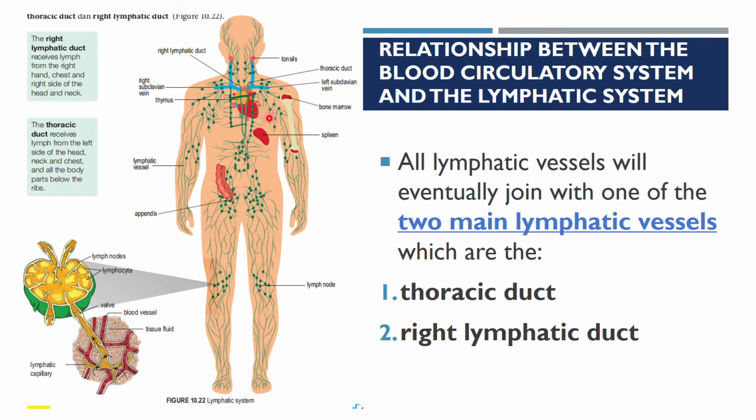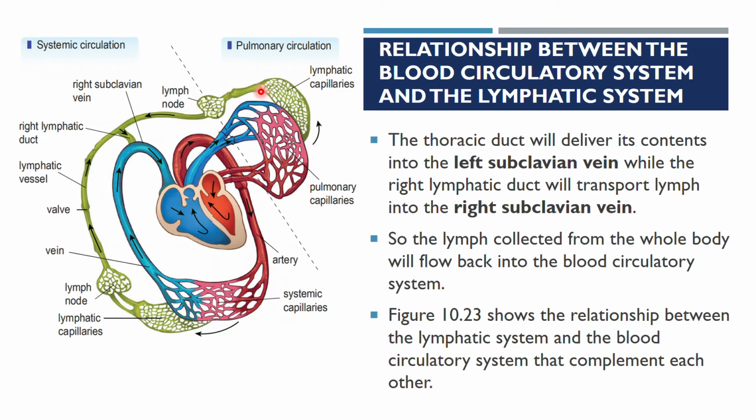Do you still remember lacteal when we were in the chapter on nutrition? Alright, let's continue. Later on, we'll be looking at the lacteal again. Now, the thoracic duct delivers its content into the left subclavian vein. The right lymphatic duct transports the lymph into the right subclavian vein. So these statements tell us how these two systems are related.